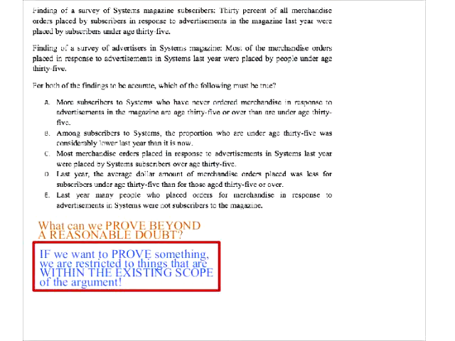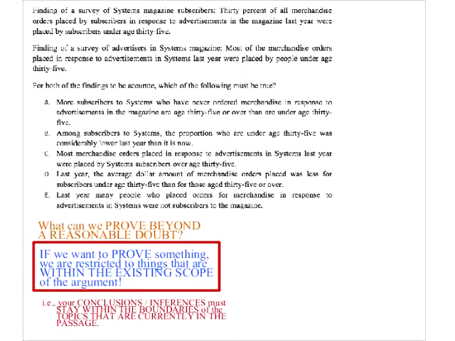In other words, your conclusions or inferences must stay within the boundaries of the topics that currently exist in the passage. That's what scope means.